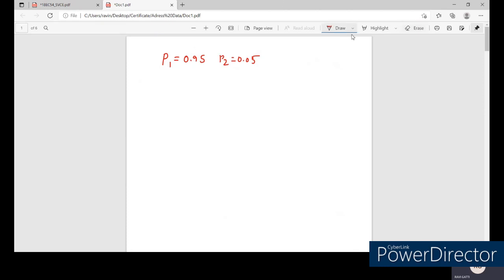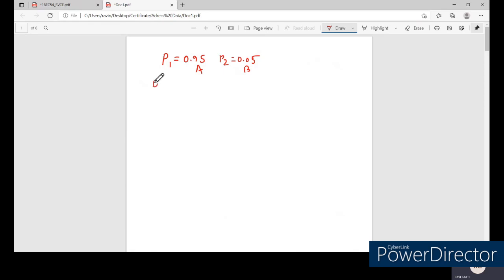In order to do that, the first symbol we have, let us call this A, is emitting with a probability 0.95, and this is the B symbol, which is emitting with a probability 0.05. The first thing is, you need to arrange the symbols in decreasing order of their probabilities.